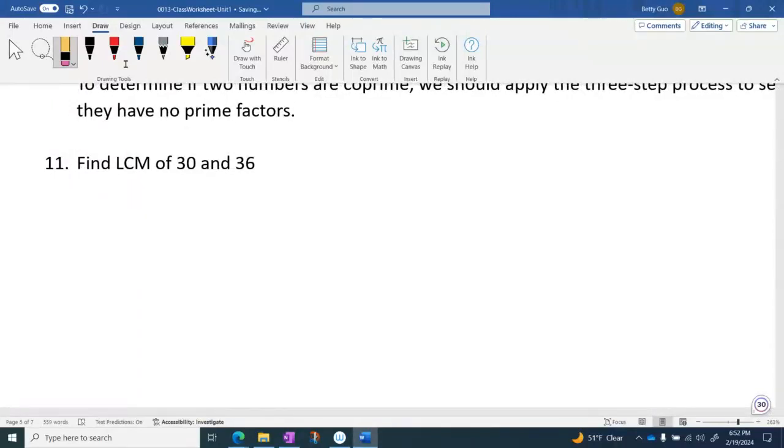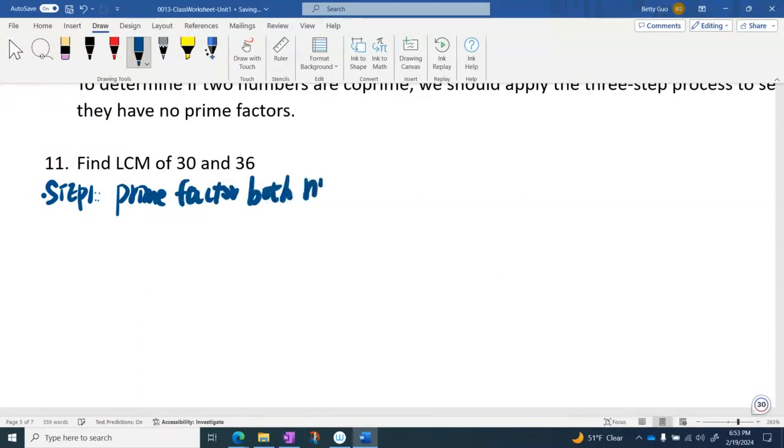So step one. In order to find the LCM for 30 and 36, firstly we prime factor both numbers. That's the first step. That's the reason we need to learn the technique of prime factoring numbers, right?